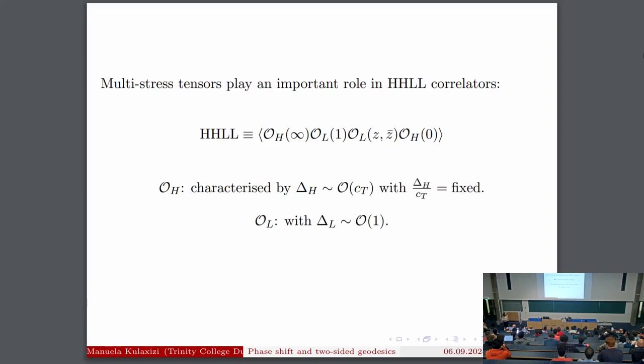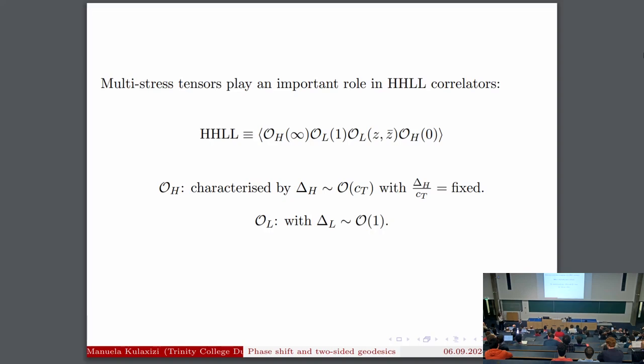These are 4-point correlation functions where two of the operators have conformal dimension that scales with the central charge, and we will often want to keep, as C_T goes to infinity, the conformal dimension of that operator scaling similarly with C_T, and therefore this ratio is fixed. And the light operator is any operator with conformal dimension that is of order 1.